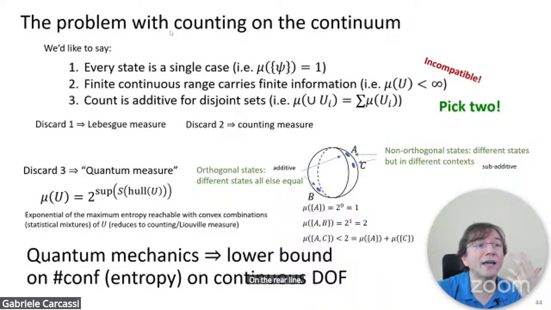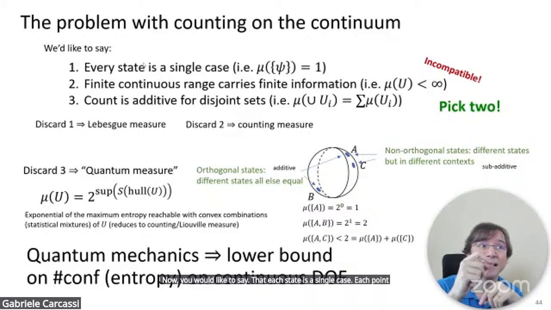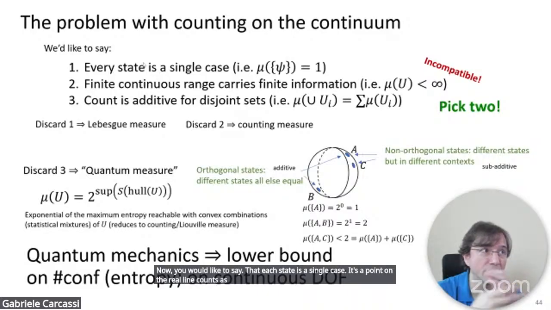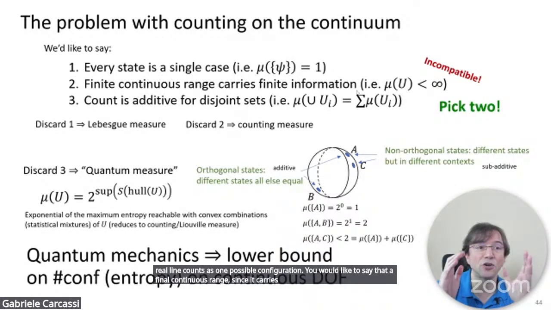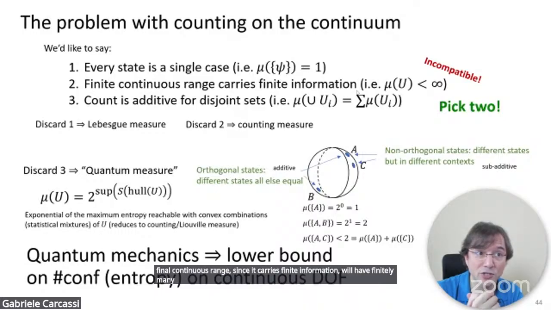Now, you would like to say that each state is a single case. Each point on the real line counts as one possible configuration. You would like to say that a finite continuous range, since it carries finite information, will have finitely many configurations as well. You know, there is 1 meter worth of configurations.